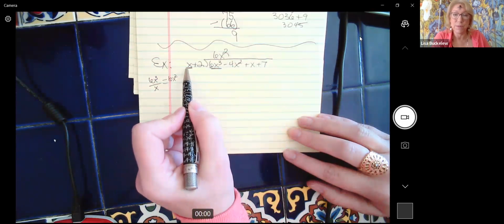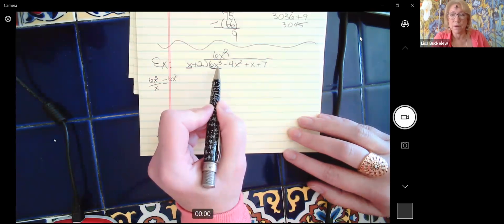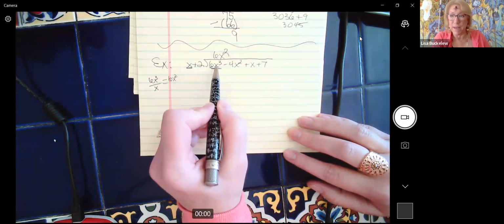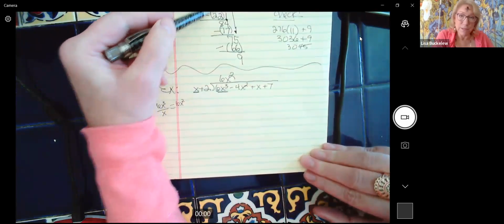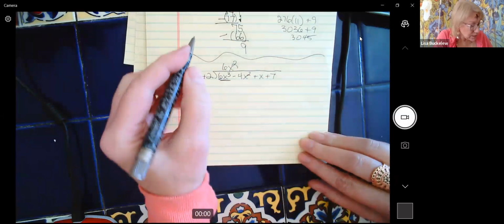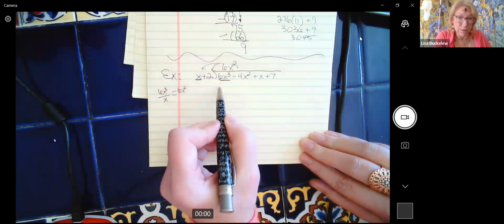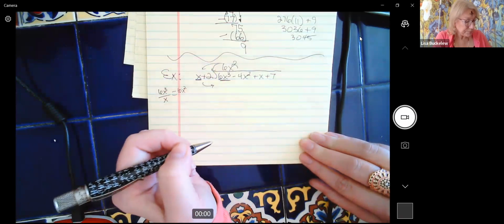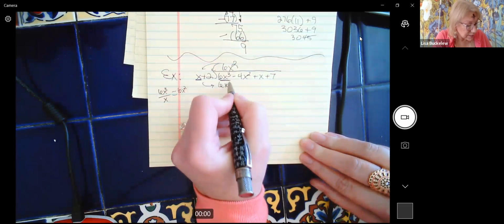You just do the front term here on the divisor. How many times does it go into the front term on the dividend, or what times this makes that? Okay, and so now what did we do up here once we wrote this number down? We would multiply and put it below here. So now we're going to take this and multiply it times the entire divisor and put that right under here. So we're going to do 6x squared times x, get 6x cubed.